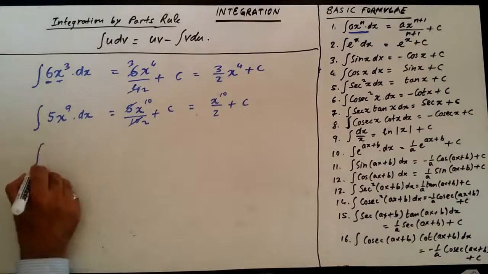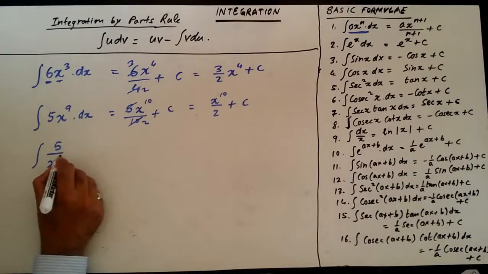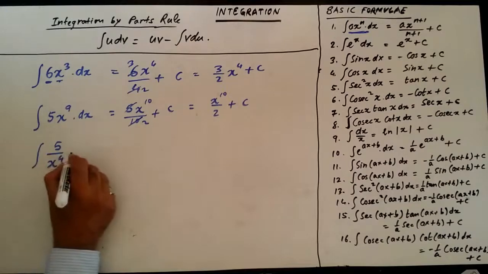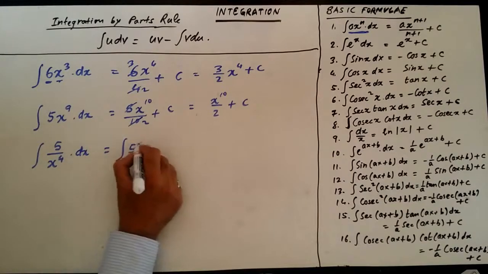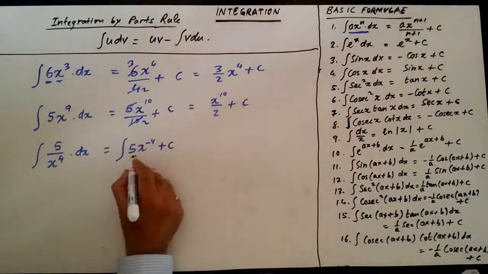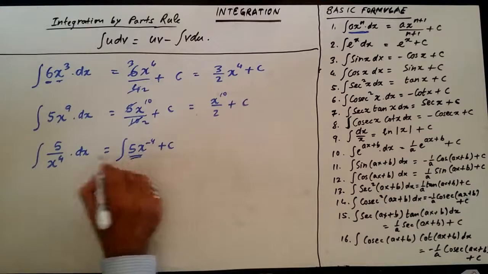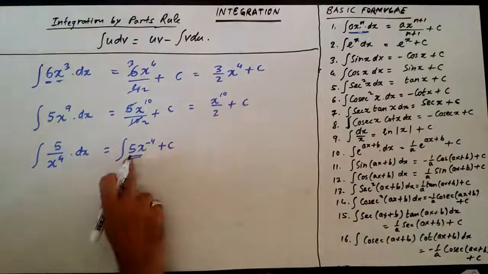Okay, what happens if x is in the denominator? Let's say 5 upon x to the power 4 dx. So we can write the same as 5x to the power minus 4. So if the expression is not in the form ax to the power n, we will bring it to that form.